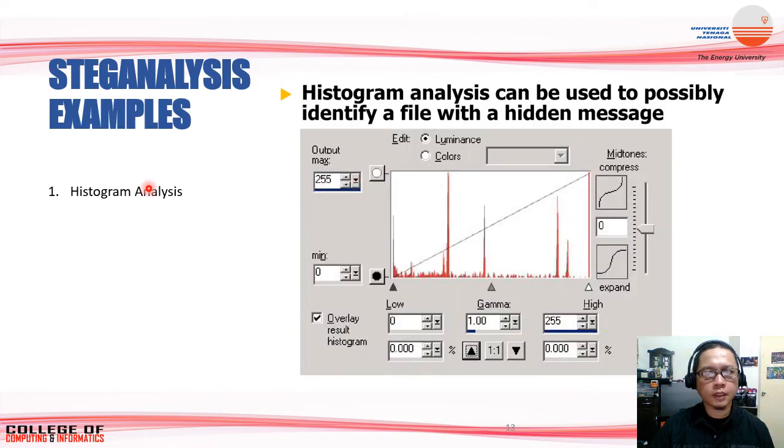So for a Steganalysis example, we can see in this picture an example of a histogram analysis. Usually normal media have a very random distribution of pixel values, so the luminance and the color value is usually very random.